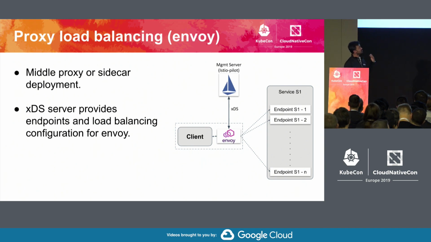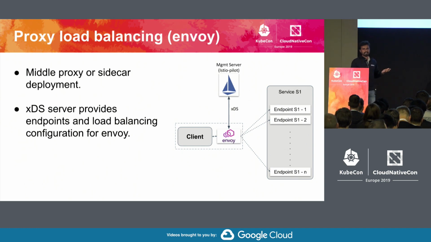But from a load balancing point of view, an Envoy proxy connects to a management server. In this particular case, I have shown you an example of Istio Pilot, which serves an XDS load balancing API for Envoy. So the Envoy connects to the management server to get the endpoints that it needs to talk to, and then uses that to route the request to the right endpoints.